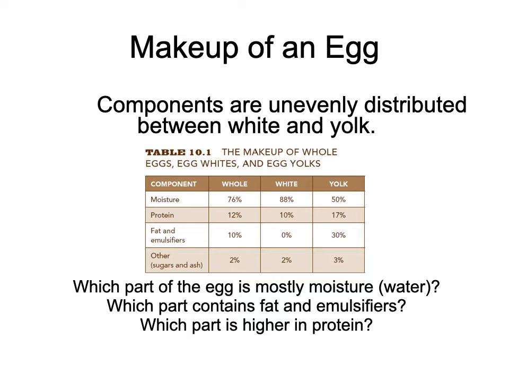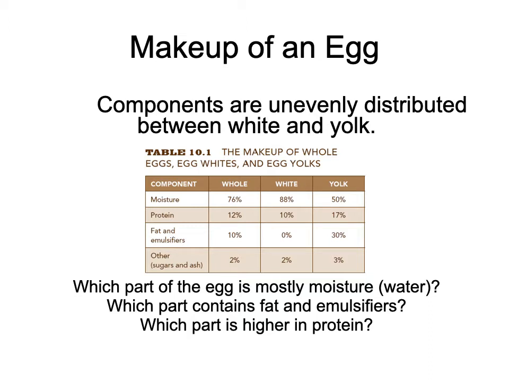If you see the chart here, you'll see that to address the questions at the bottom, which part of the egg is mostly moisture or mostly water? An egg white is 88% water, whereas an egg yolk is only 50% water. So balanced together, the average is 76% overall. The white has 10% protein, the yolk has 17% protein.